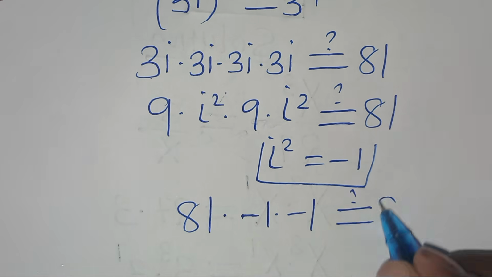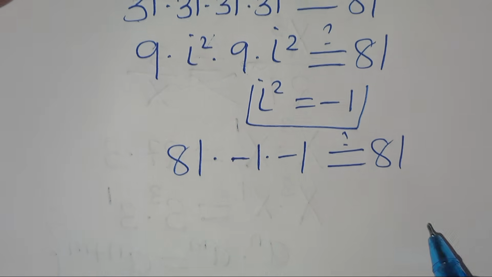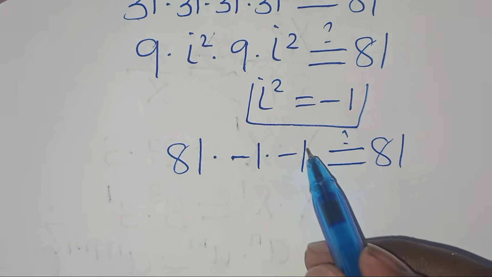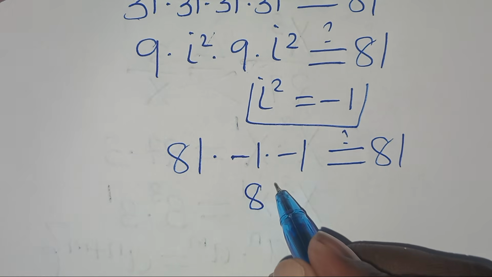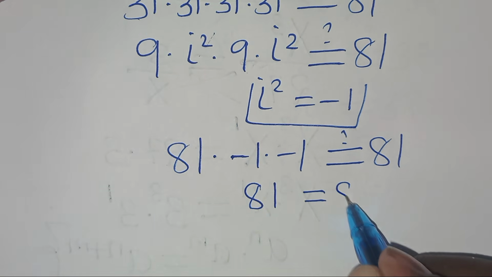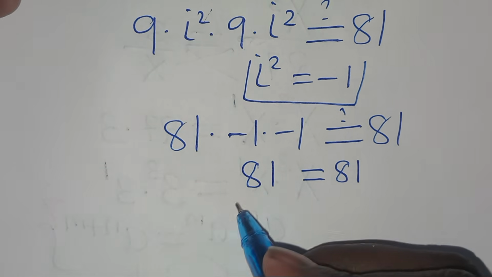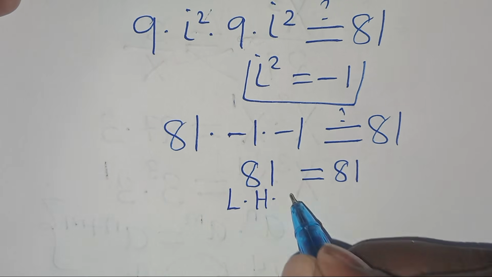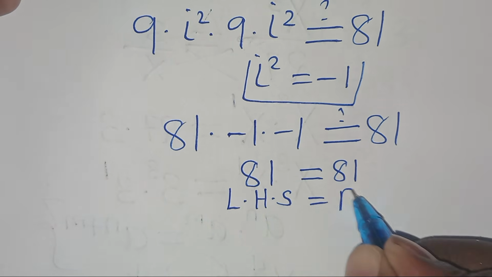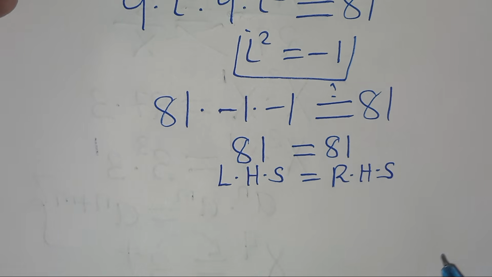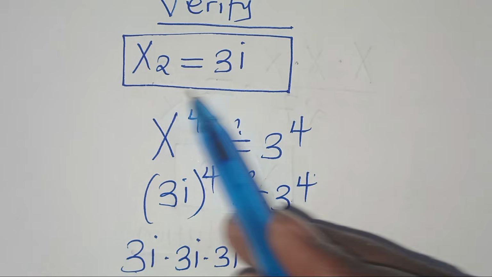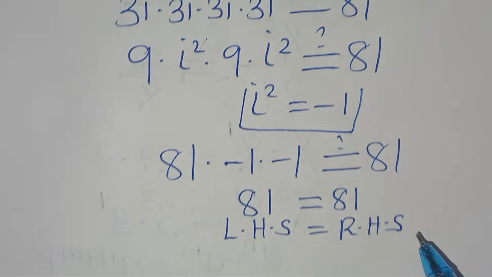This should give us a value of 81. Negative 1 times negative 1, this is positive 1 times 81. So this means that 81 is equal to 81. So this implies that the left hand side is equal to the right hand side, and this proves that x2, which is 3i, satisfies the equation.